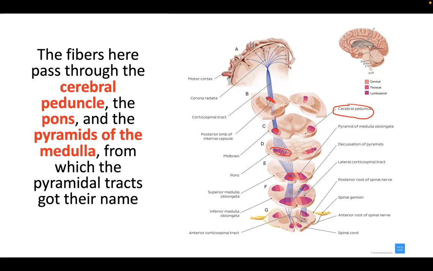So again, we have the Betz cells from the primary motor cortex. These fibers will form the corona radiata, and the corona radiata fibers will merge to become the corticospinal tract. It goes through the posterior limb of the internal capsule, heads to the brainstem, goes through the cerebral peduncle, the pons, and the medullary pyramids, or the pyramids of the medulla.